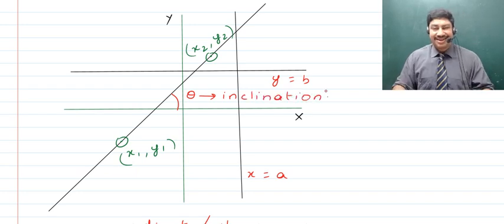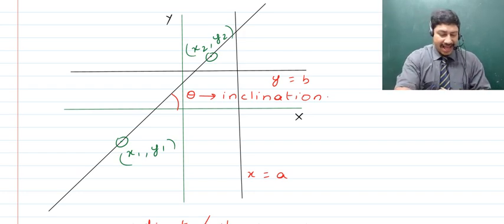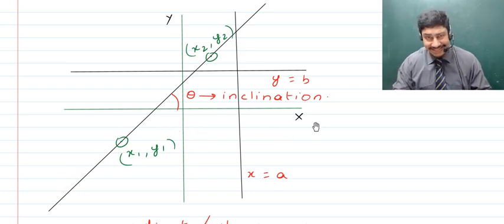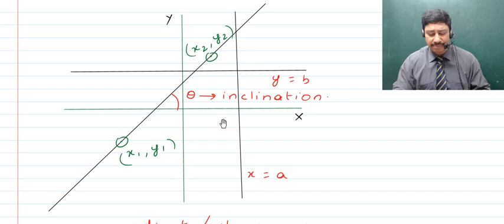Now, the mathematical definition of inclination is the angle which the straight line makes with the positive direction of the x-axis in the anti-clockwise direction above the x-axis. I'll quickly repeat.